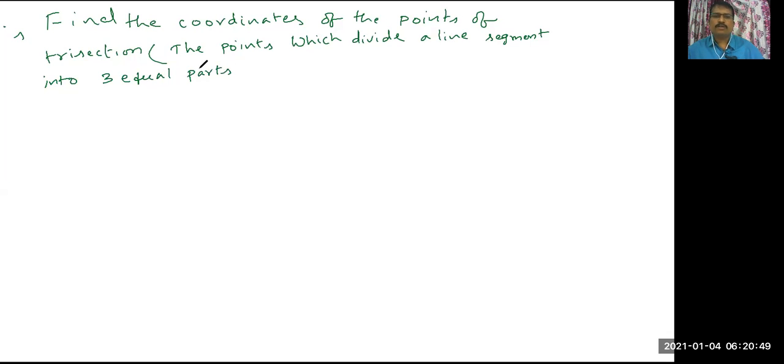That means 1:2 or 2:1. Three equal parts are said to be the trisectional points.